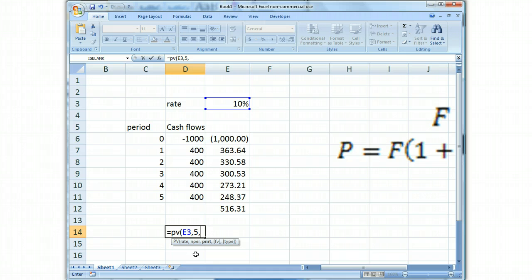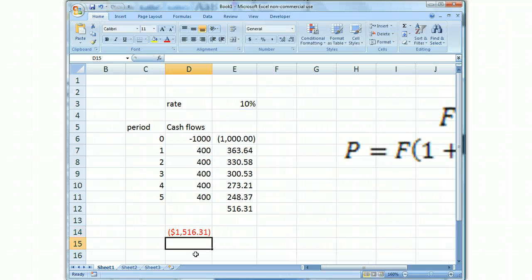And then the payment is going to be 400. If I use 400 just like that, since it is expecting that if I make an investment I will receive positive cash flows, and if I receive a loan then I would have to pay it, it is computing the value with the negative sign.